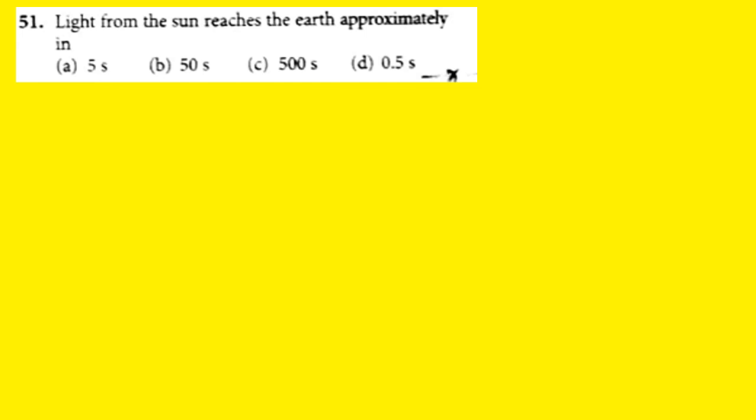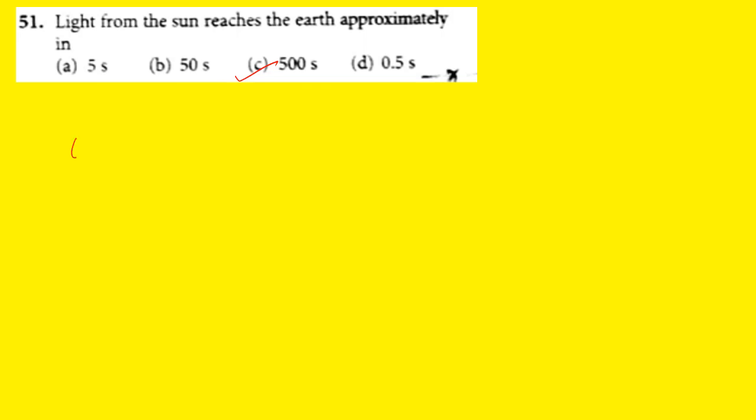Light from the sun reaches the earth approximately in how many seconds? 5 seconds, 50 seconds, 500 seconds, 0.5 seconds. Surely it won't reach us in 5 seconds or 50 seconds or 0.5 seconds, not at all possible. So the option is 500 seconds. How is this 500 seconds coming?